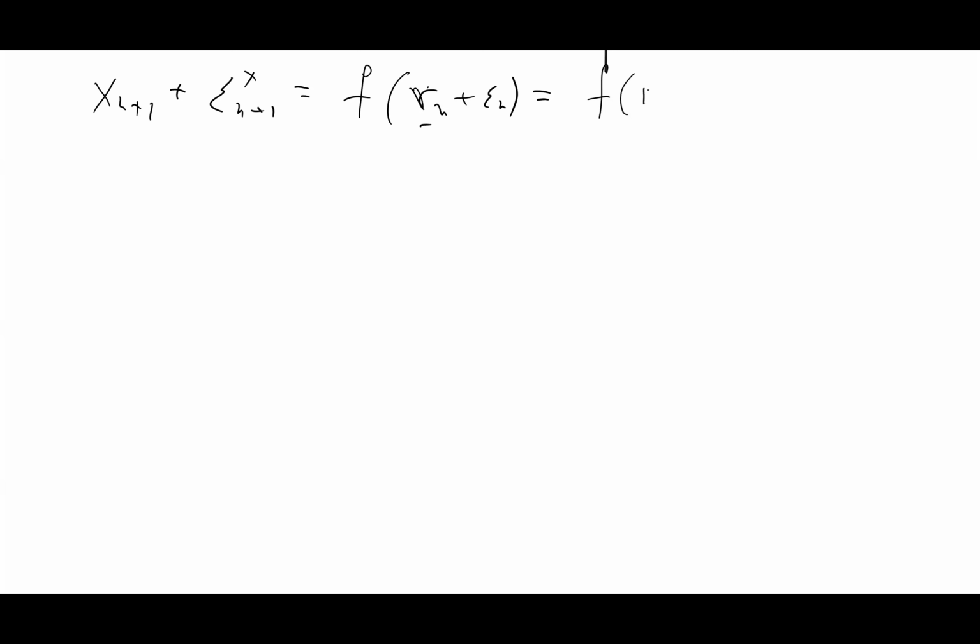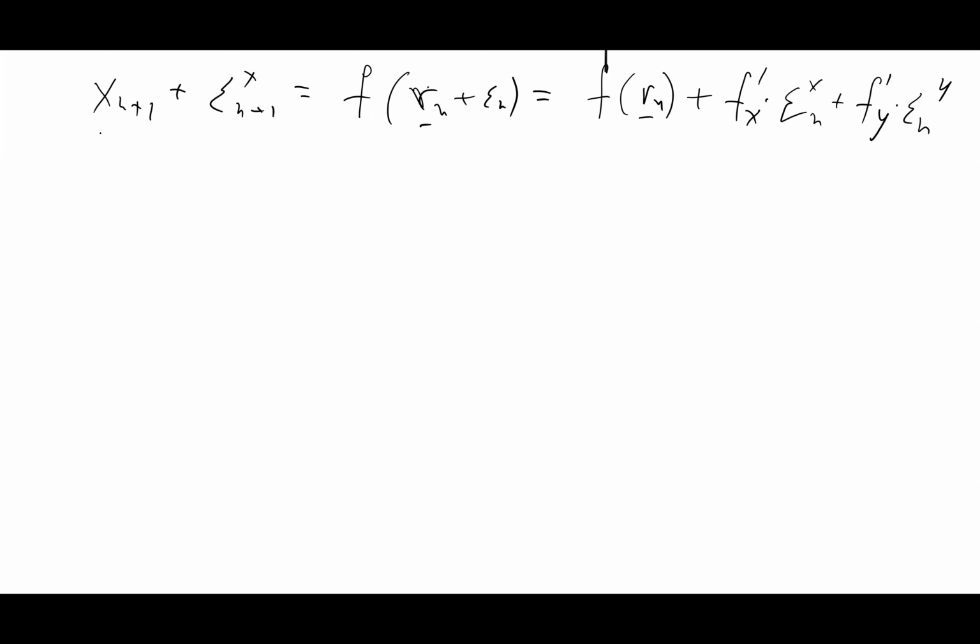So this will be f at Rn plus derivative of f over x times the x component of epsilon n plus derivative of f over y times the y component of epsilon n.